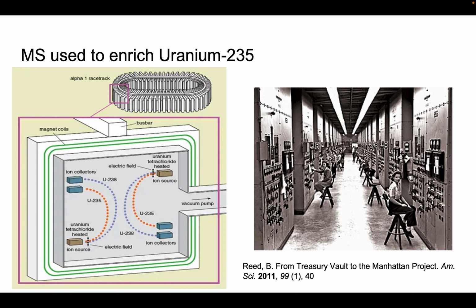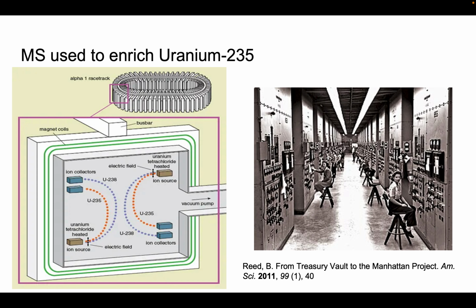So here uranium tetrachloride is ionized by rushing with high intensity electron beams, and it's sped up using a magnetic field normal to the ion source. The ion collectors were placed in relation to the arc made by the different momentum of the two uranium isotopes.